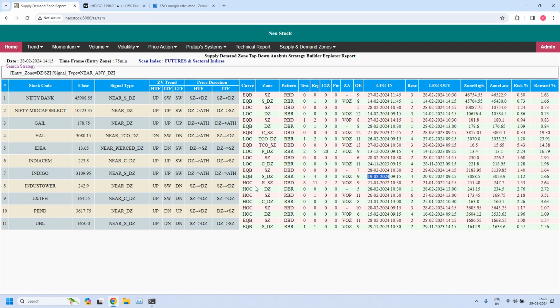Indigo is finished. The next high liquidity zone, we have L&T Financial Holdings. This is a high liquidity zone. 24/1/2024 at 1 o'clock. Two base candles.